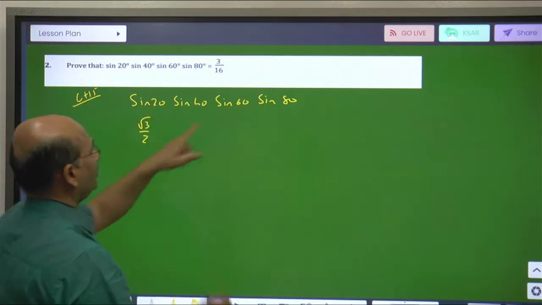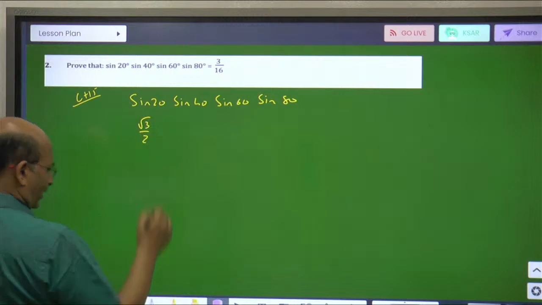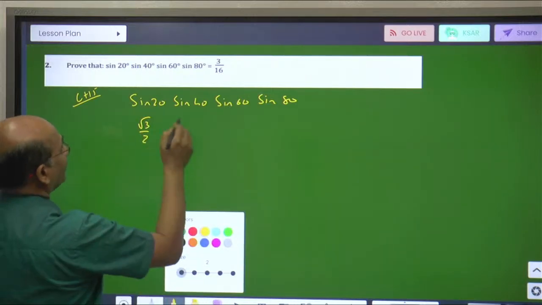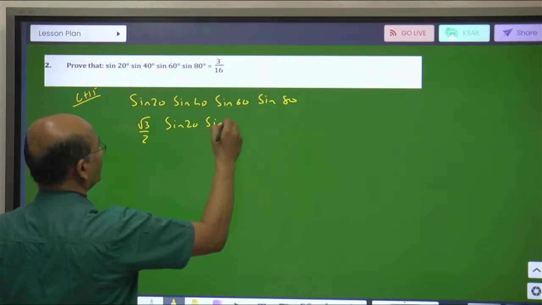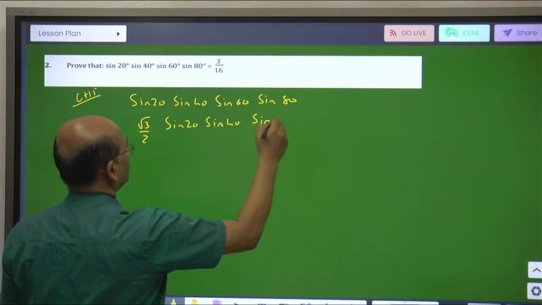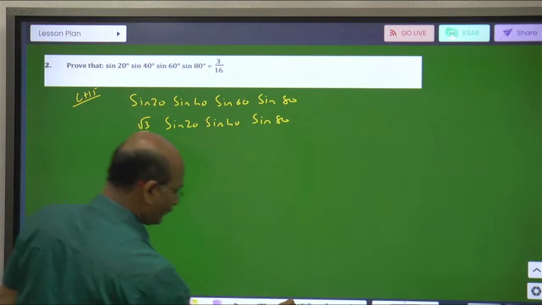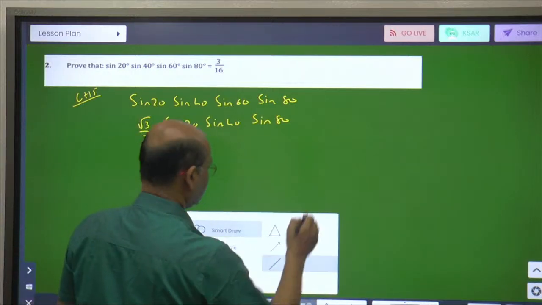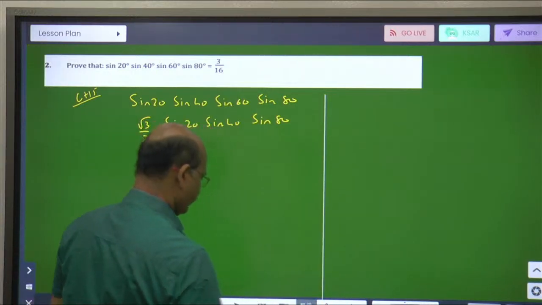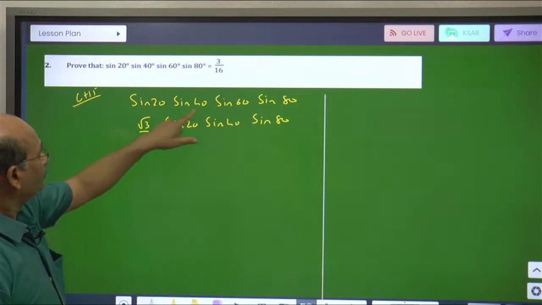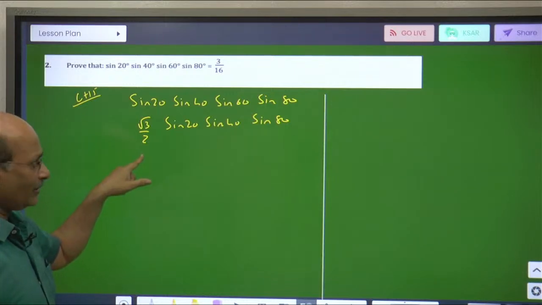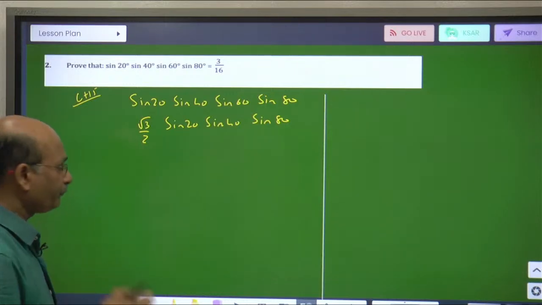I am just putting this value and then writing sine 20, sine 40, sine 80.